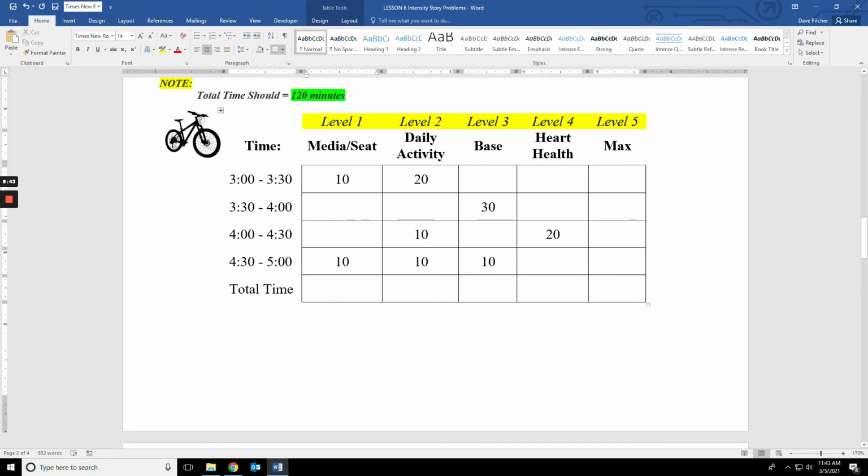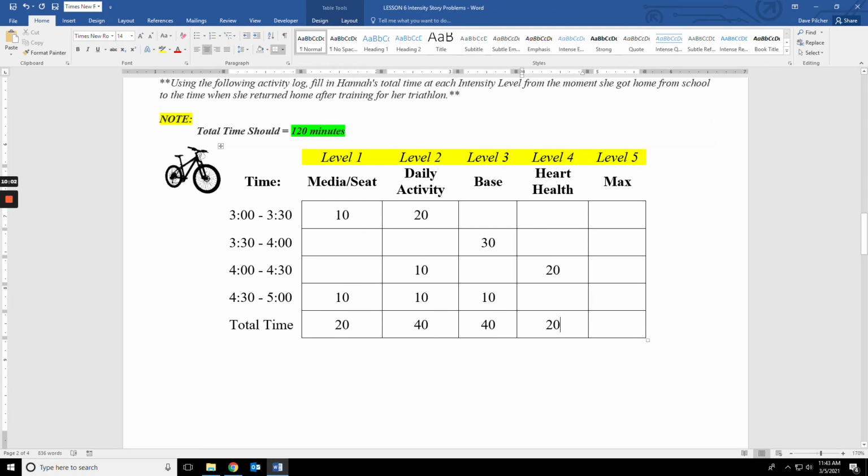All right, let's add up our times. In column number 1, we have 20 minutes. Level 2, daily activity, we have 40 minutes. Base, another 40 minutes. In heart health, we have 20 minutes. And so our total time should equal 120 minutes, which it does.